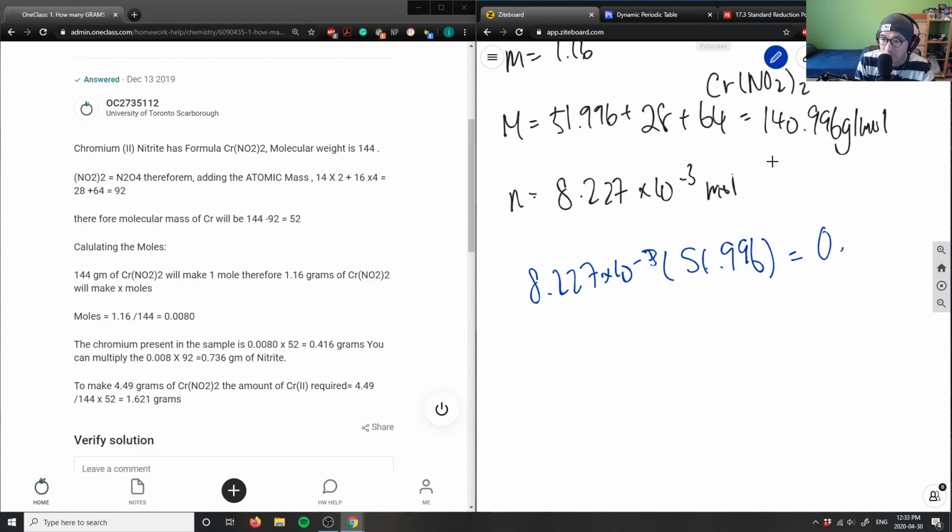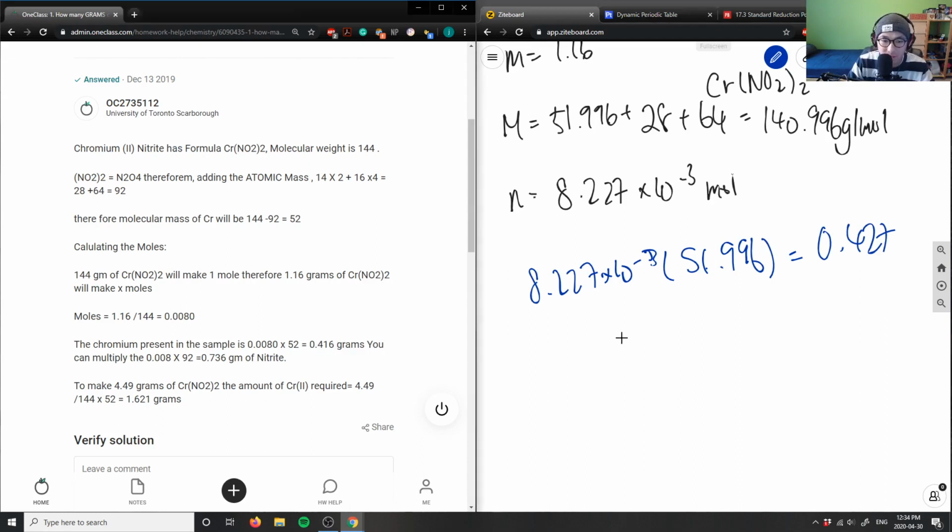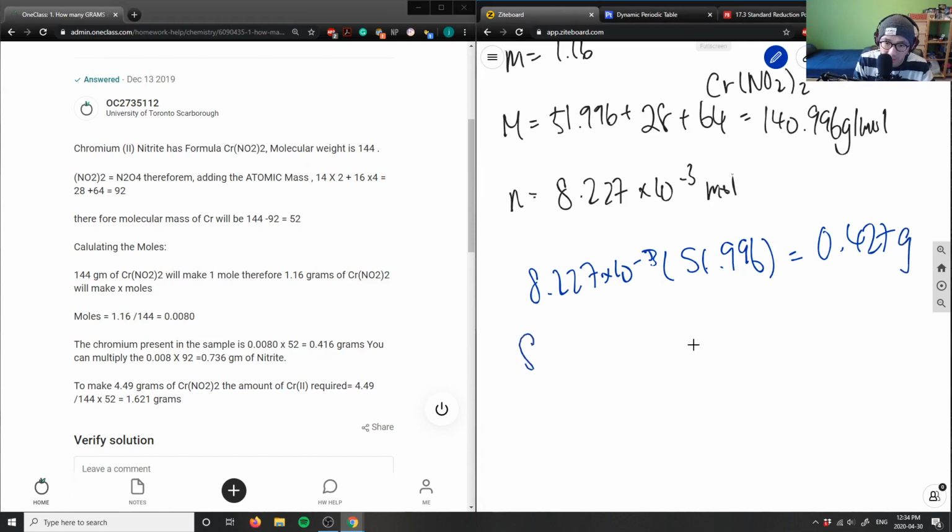So this would give me 0.427, and they got 0.416 grams, kind of close here. Then I can multiply 8.227 times 10 to the negative 3 by whatever 28 plus 64 is to get the mass of my nitrate here.